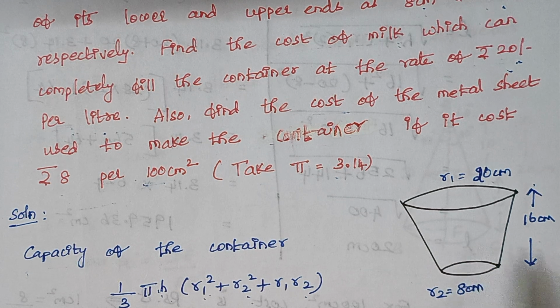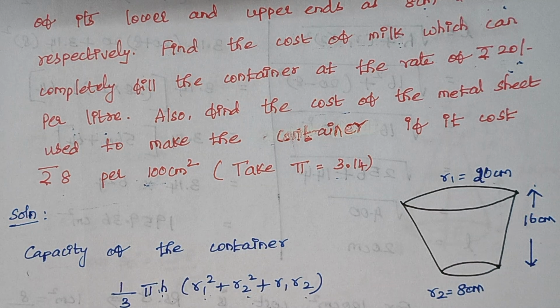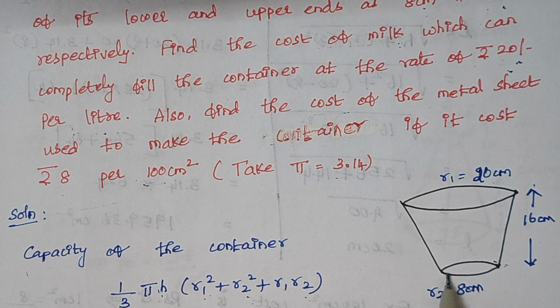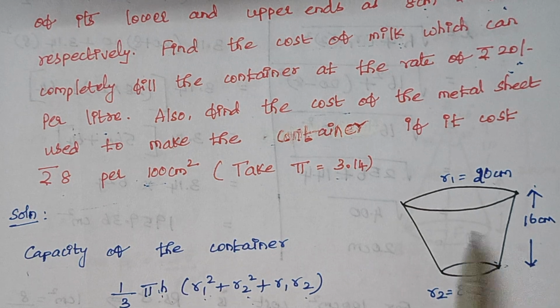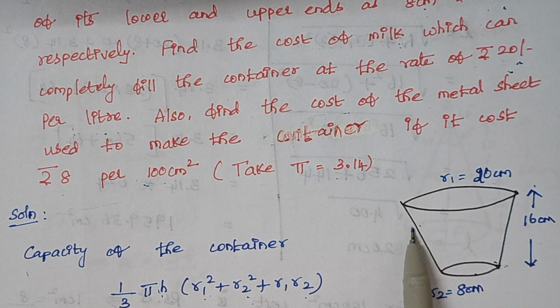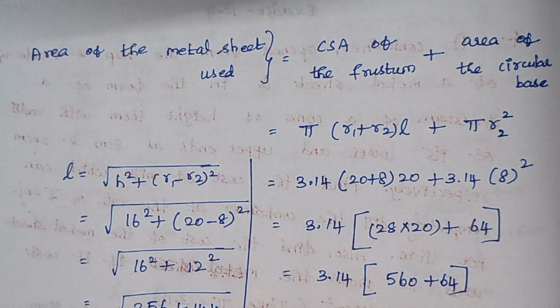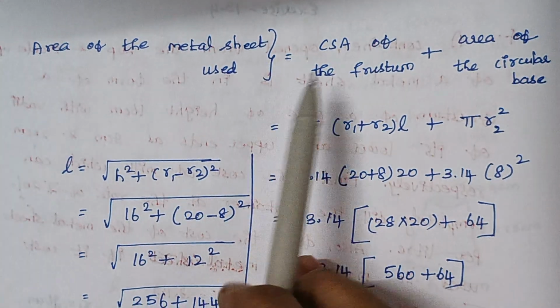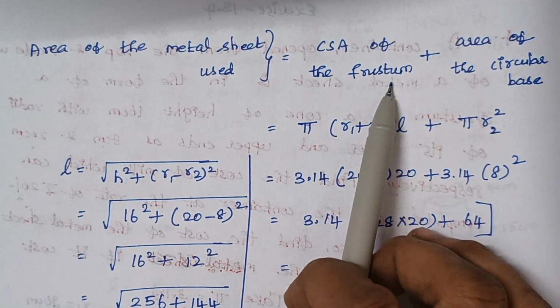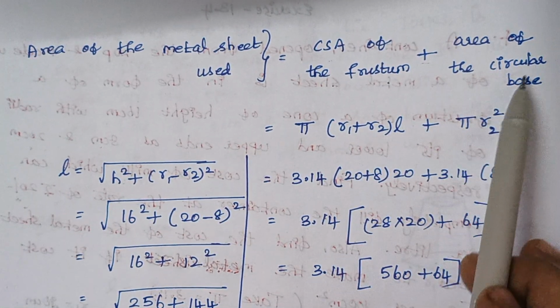Then apart from that, the base part, because this entire part is made up of metallic sheet, and again this base part, even you can just assume a bucket, right? So therefore here our formula is curved surface area of the frustum plus area of the circular base.